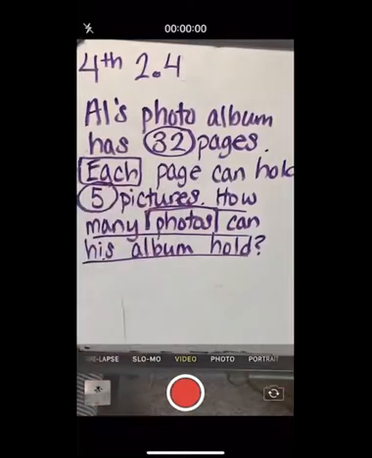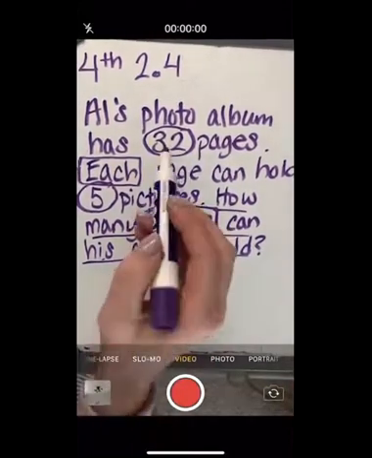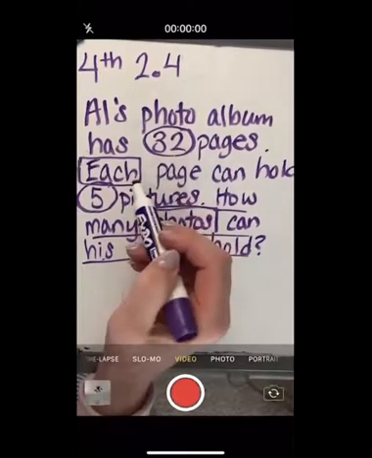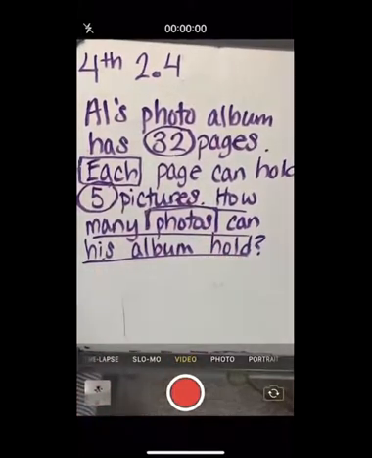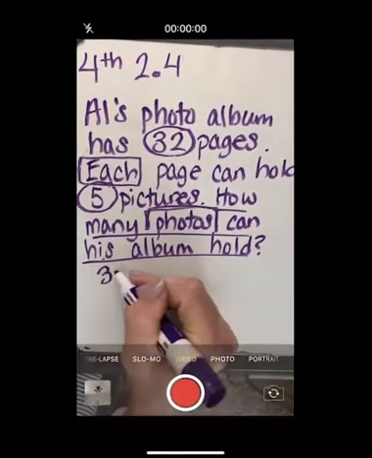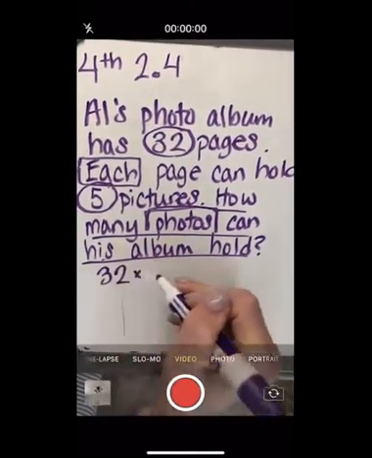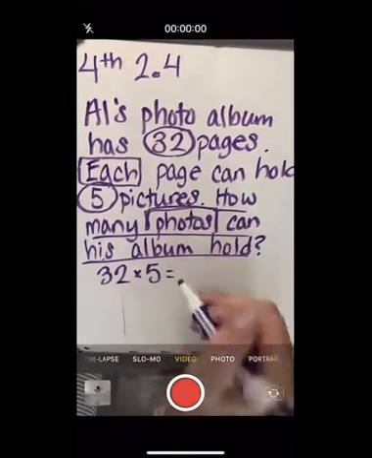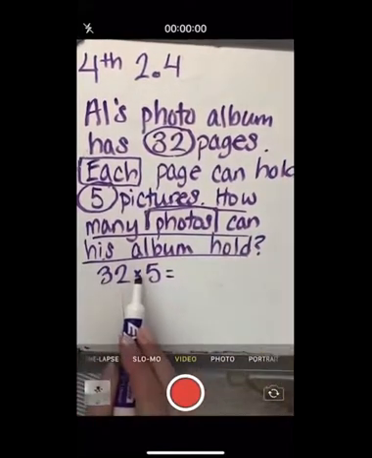Each reminds me of groups of. I might be splitting these, I might be multiplying these, but I know that I have 32 pages, each of those holds 5 pictures, or 32 groups of 5.